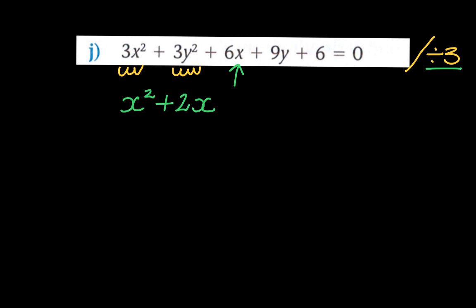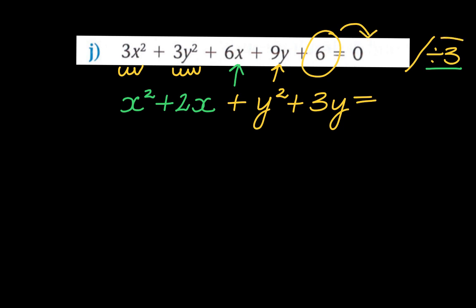Then I have 3y squared divided by 3, so I will get my y squared, and then 9y divided by 3, I get 3y. What do we do with 6? Well, we will take it to the other side, but we're dividing everything by 3, so it will be minus 2.